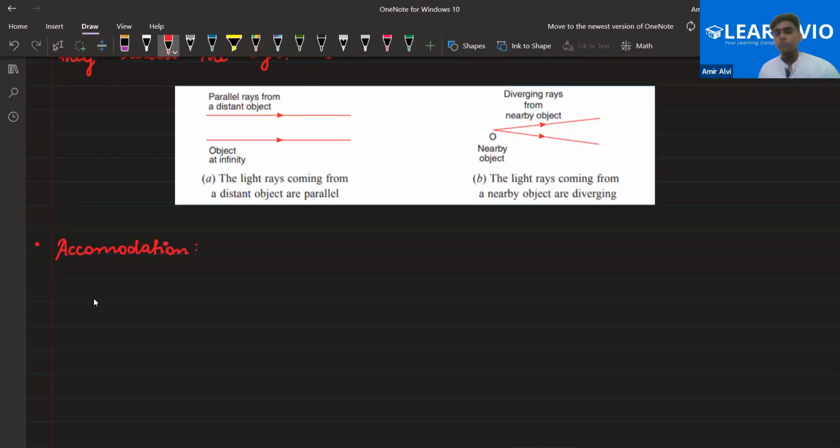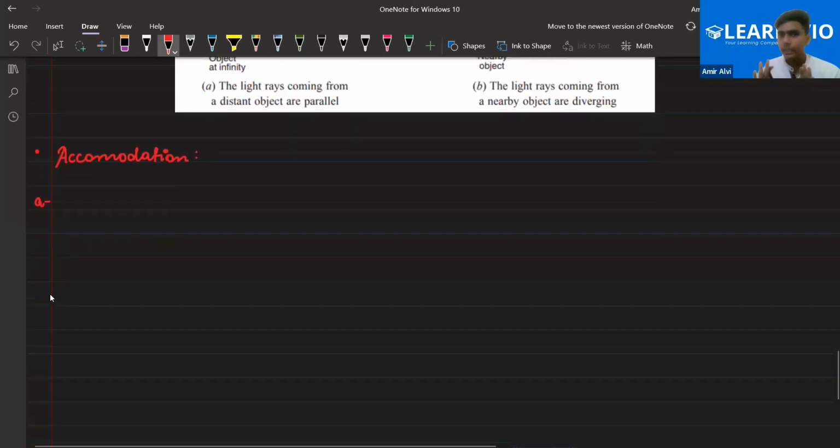First of all, in simple words, an eye can easily focus the far object as well as the near objects. Clear, Shazil? Yes, sir.